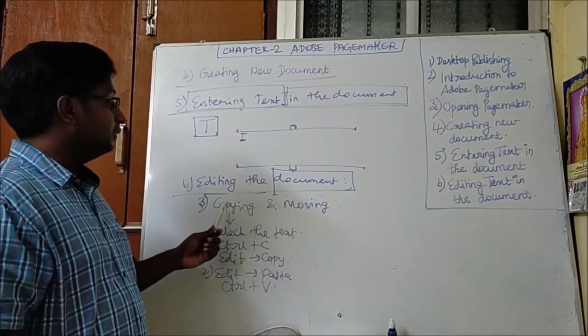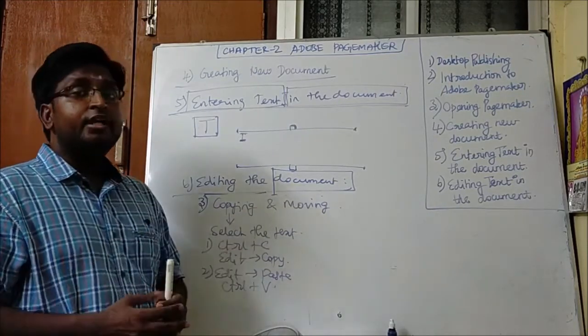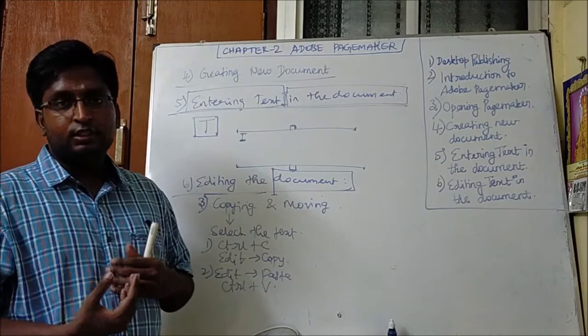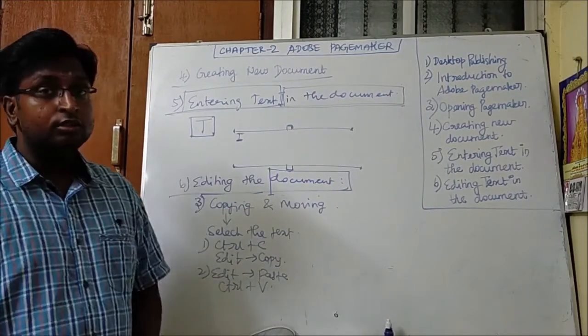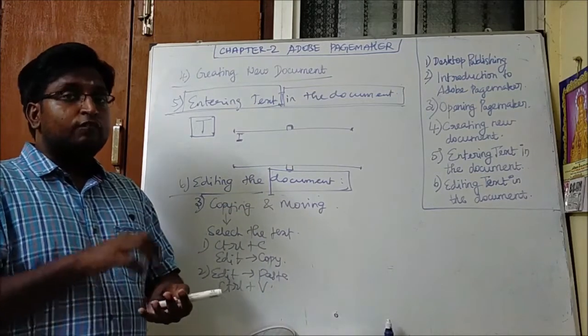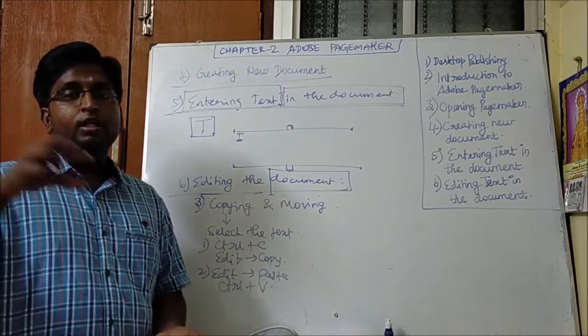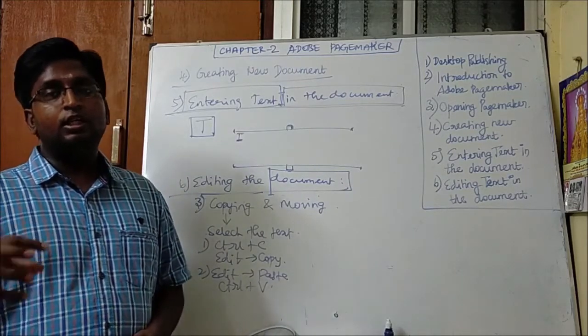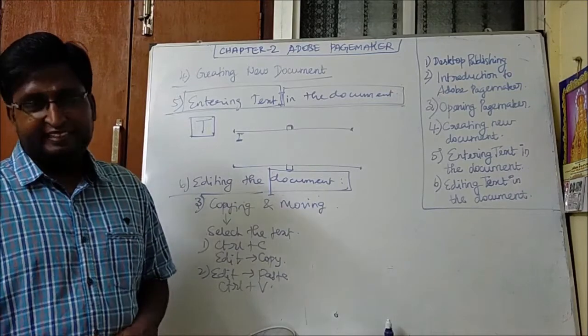So what is the difference between copying and moving? Copying the text will create a duplicate of the selected text, whereas in moving, the text in the source will be removed from the source and placed in the destination, the location where we want to move the text.